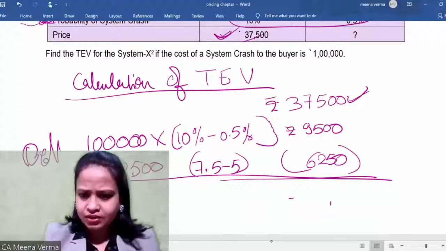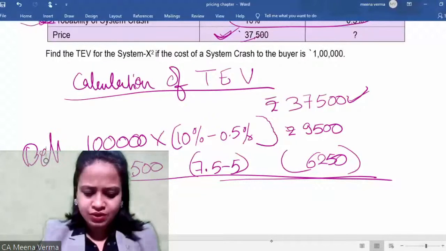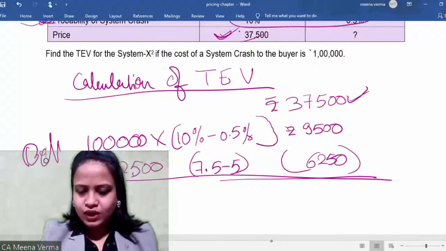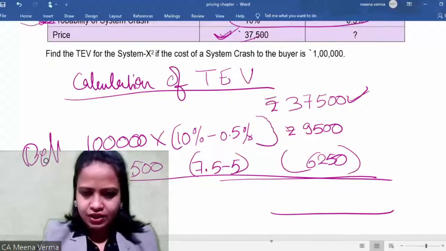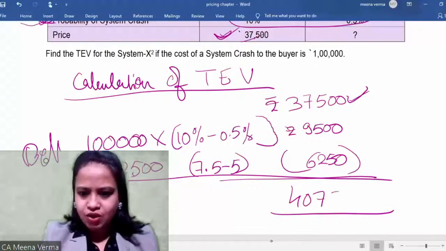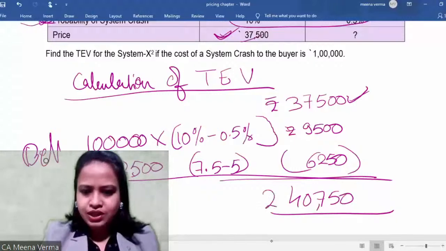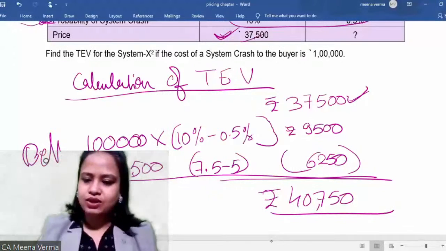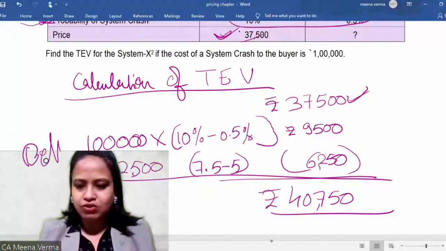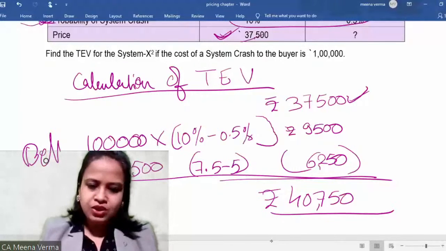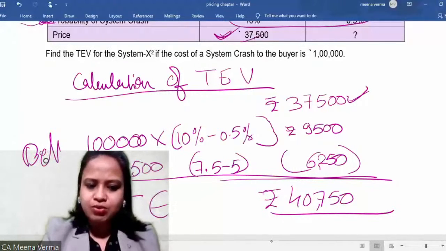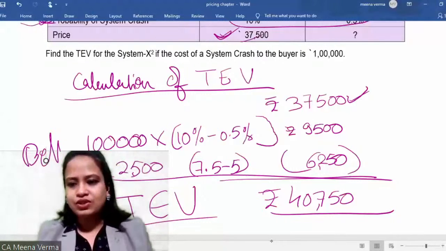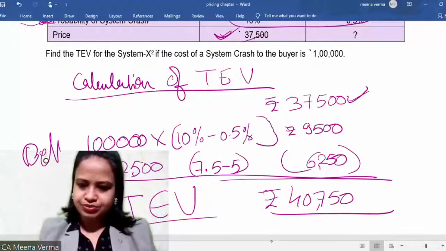Calculate this. You will find the value 40,750. I think this value will come if you do the calculation. This is the true economic value and you will charge this money from the customer.